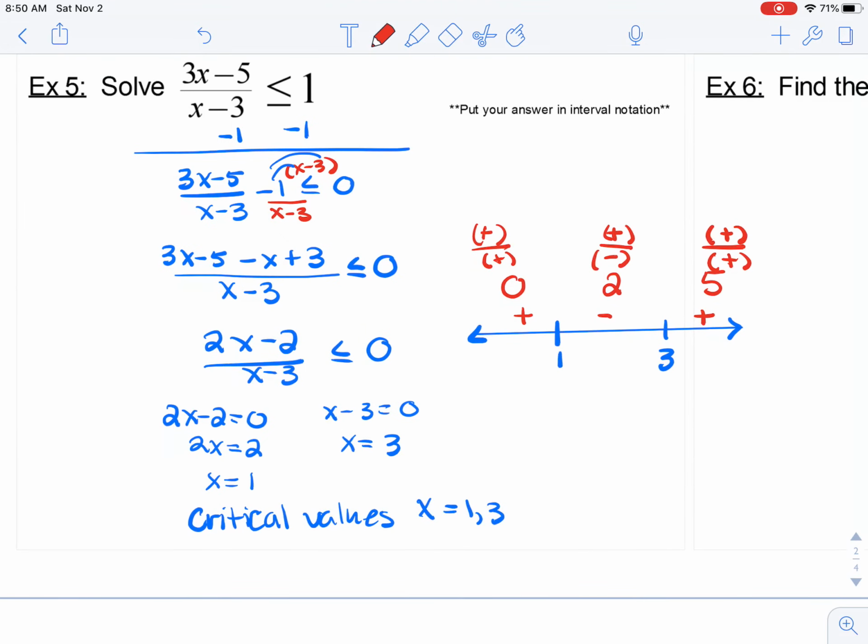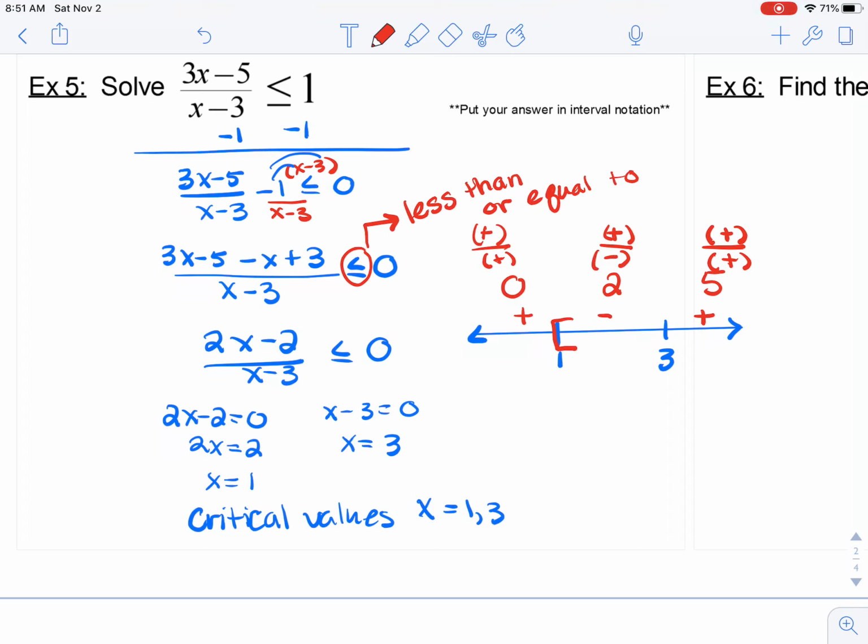All right, do you notice how it said less than or equal to? Okay, so we have to think about what that would mean with our number line. So instead of using a parentheses, I'm going to now use a bracket at 1. Because we want values that are less than or equal to 0.